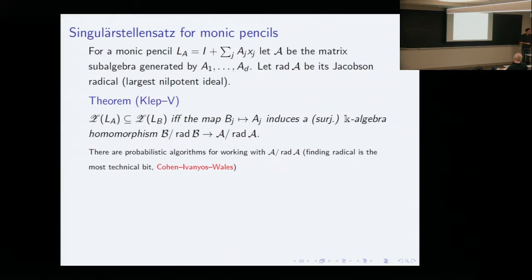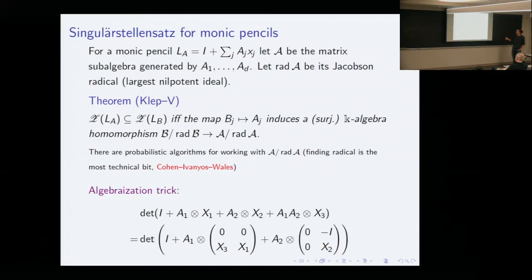And when we're looking here, how does the geometry capture some multiplicativity happening between these two algebras? The following is the core of it. Let's just call it the algebraization trick. It's actually just a Schur complement thing. If I take this matrix, the determinant of identity plus a1 x1, a2 x2, and then the third coefficient is going to be the product of these two.